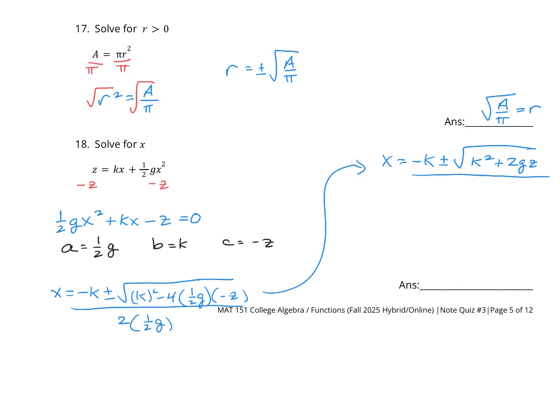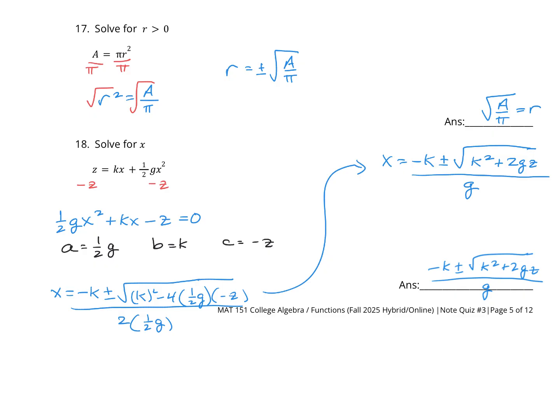And then down below, 2 times 1/2 g is just plain g. And because there's no disclaimers here on any of the variables and what to expect, we just leave it as is. So it's negative k plus or minus square root of k squared plus 2gz all over g. And again, this does not simplify down any further.